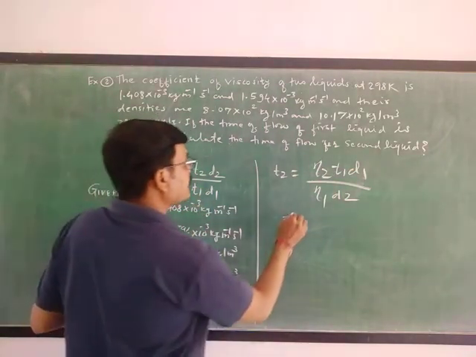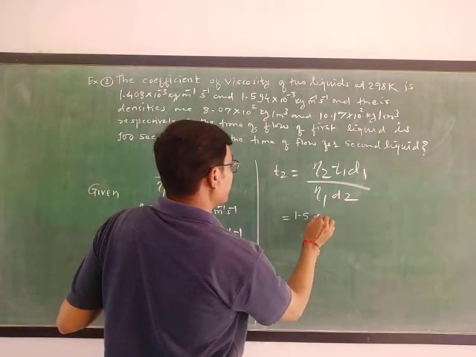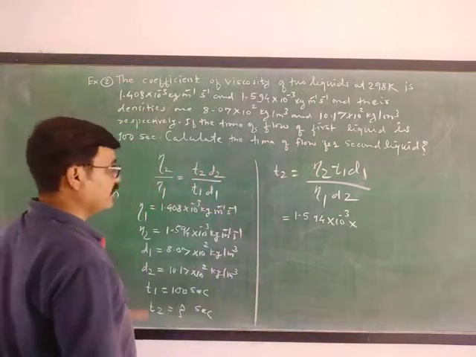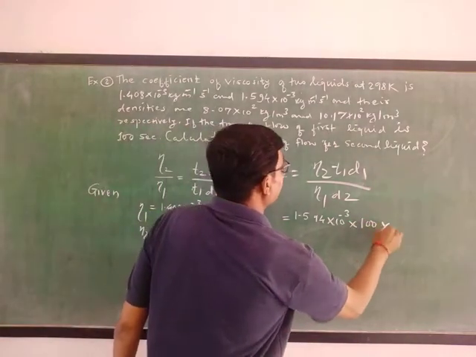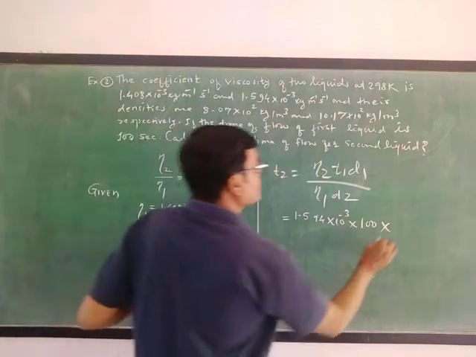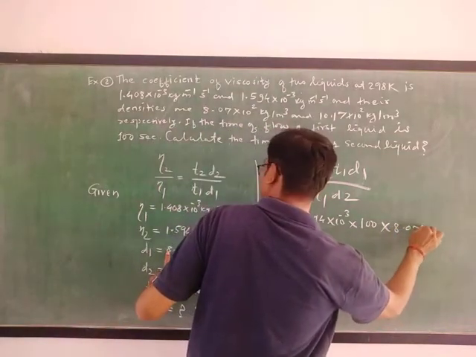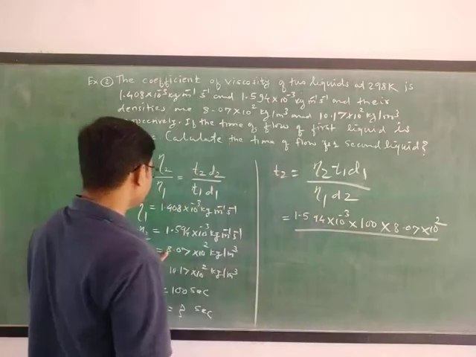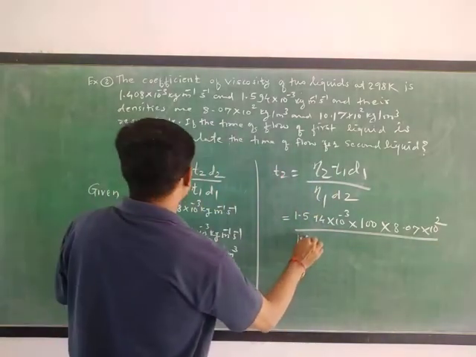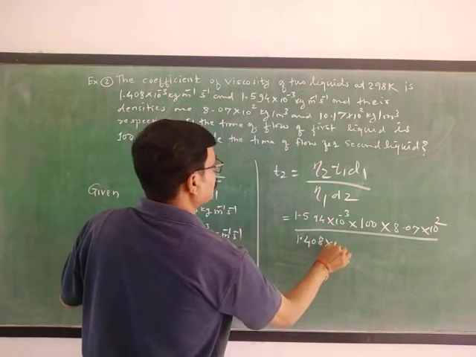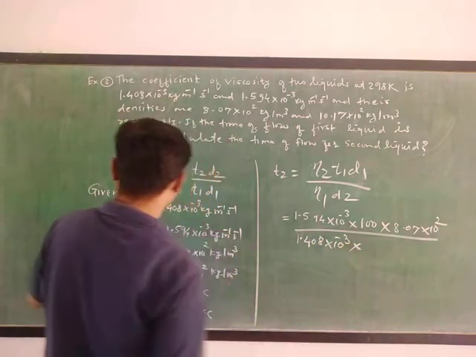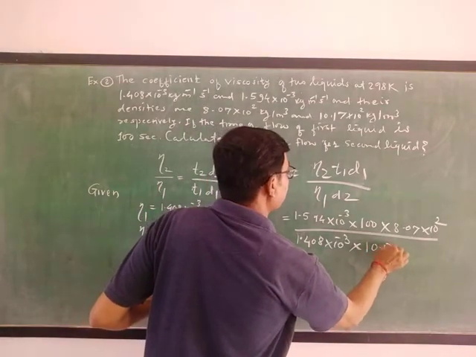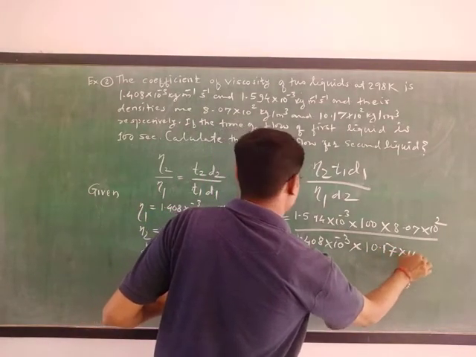Eta 2 is 1.594 into 10 raised to power minus 3, into T1, that is 100 seconds, into D1, 8.07 into 10 raised to power 2. At the denominator, eta 1, 1.408 into 10 raised to power minus 3, into D2, the density of the second liquid, 10.17 into 10 raised to power 2.